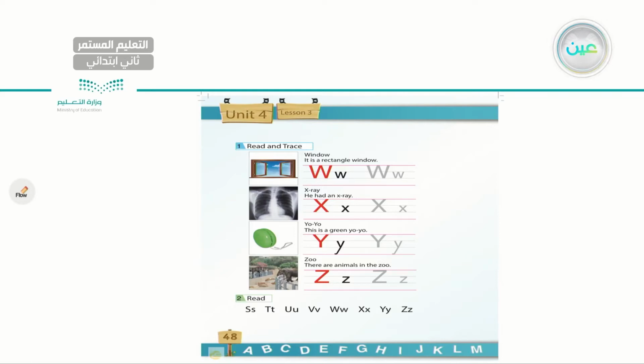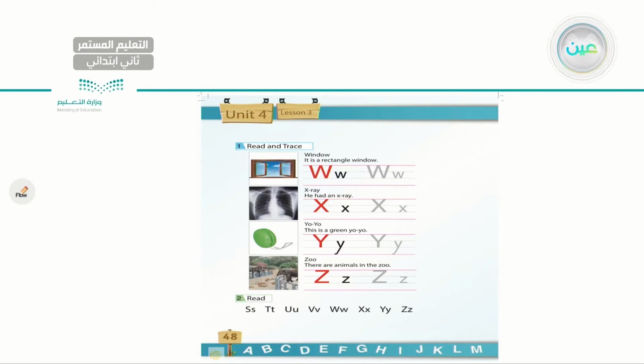Next, X-ray. He had an X-ray. As you can see, I have capital X, small x. X, X-ray. Next, yo-yo. This is a green yo-yo. Very good. Letter Y. Y, Y, yo-yo.